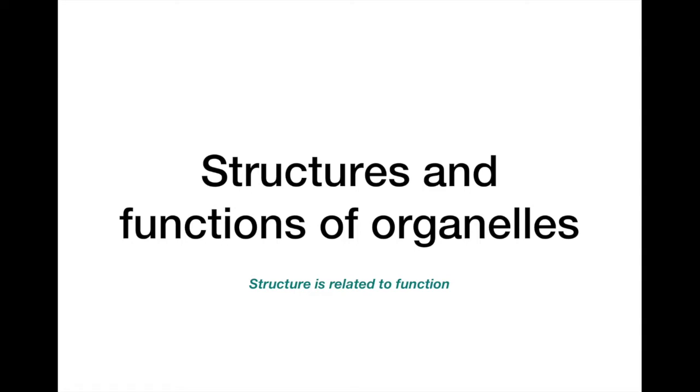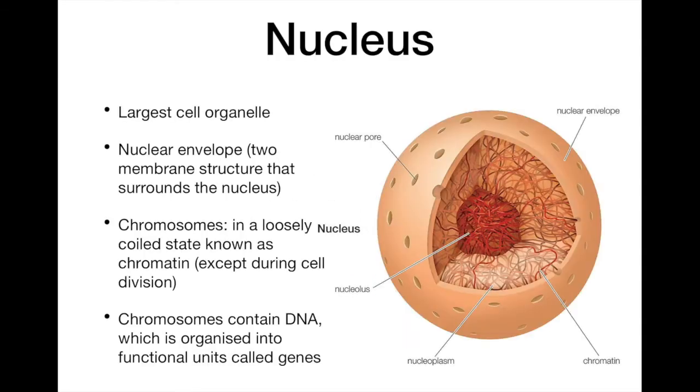In this PowerPoint, I do not have any electron photos, because I don't think we should go that in depth. I only have the diagrams of the organelles. We will now consider the structure and function of some of the cell components in more detail.